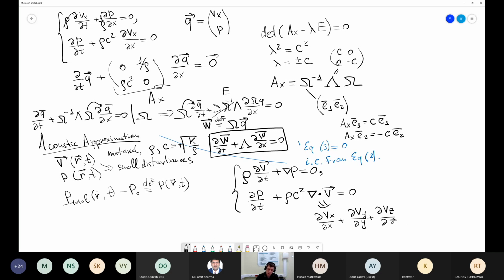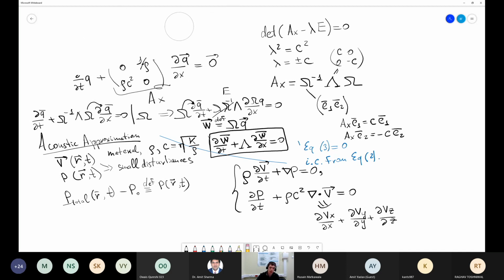Let's write this equation component-wise. We remember that we have lambda in diagonal form.